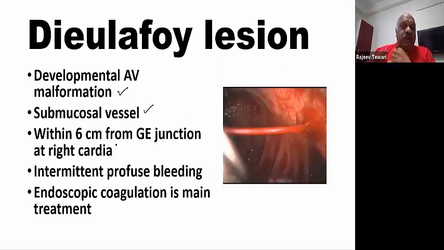The vessel is situated on the right wall at the lesser curvature within 6 centimeters from the GE junction. So the moment you pass the endoscope, as you see in the diagram, from the right wall, you see a spurt, it's an artery, it's a submucosal artery. No ulcer, no varices, no cancer, no lymphoma, nothing, no lesion on the mucosa. Just a small hole and the bleeding coming from beneath the mucosa, submucosa. And you can do endoscopic coagulation. Next slide.